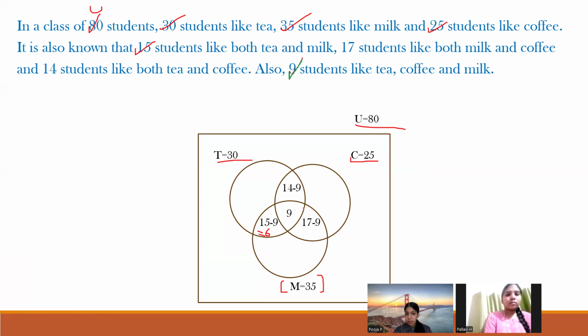So in this entire region, 17 like milk and coffee. Among this entire 17, 9 are already kept here. So this is 17 minus 9, which is 8. And so this value is also done.